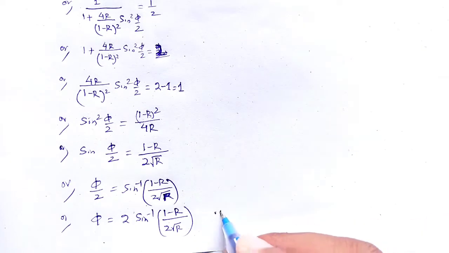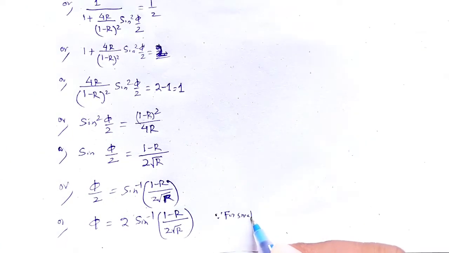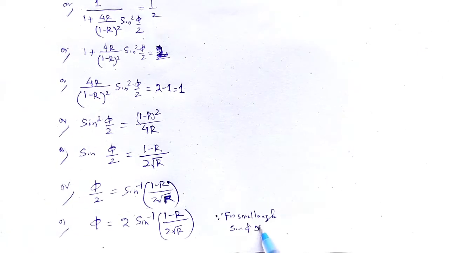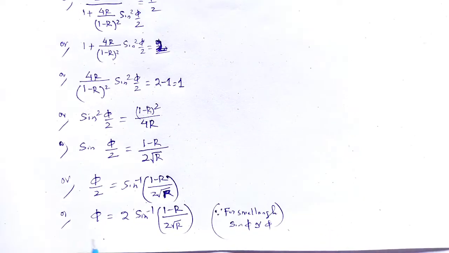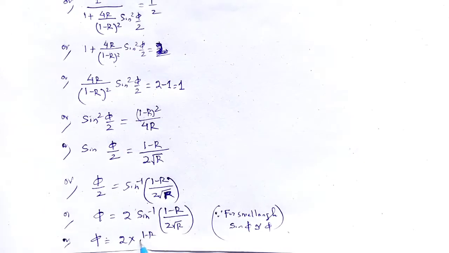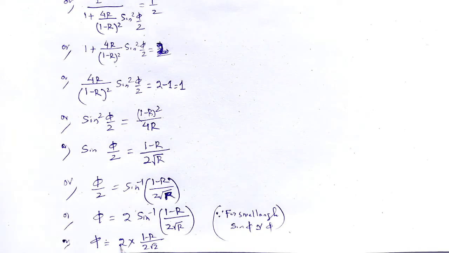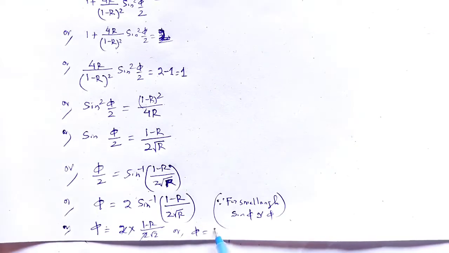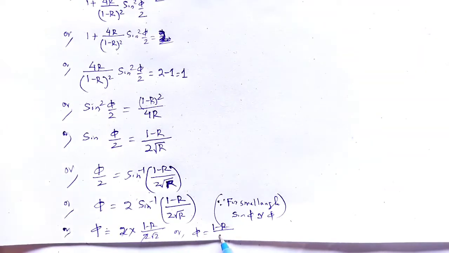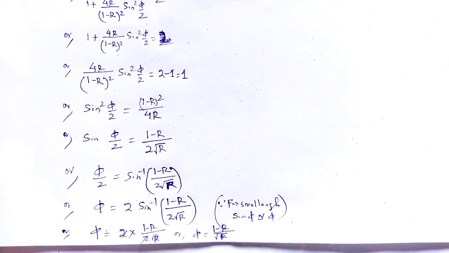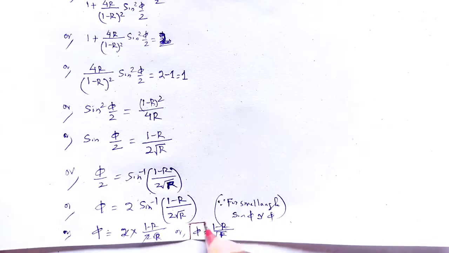For small angle, sin phi is nearly equal to phi, therefore phi is equal to 2 times 1 minus r divided by 2 root r, 2 cancels out, or we have phi is equal to 1 minus r divided by root r.